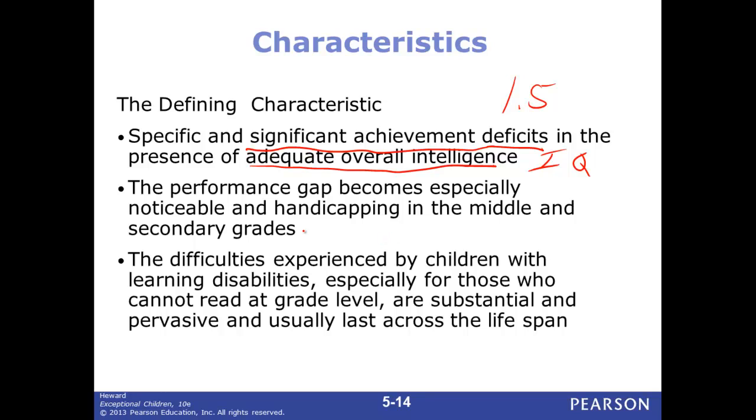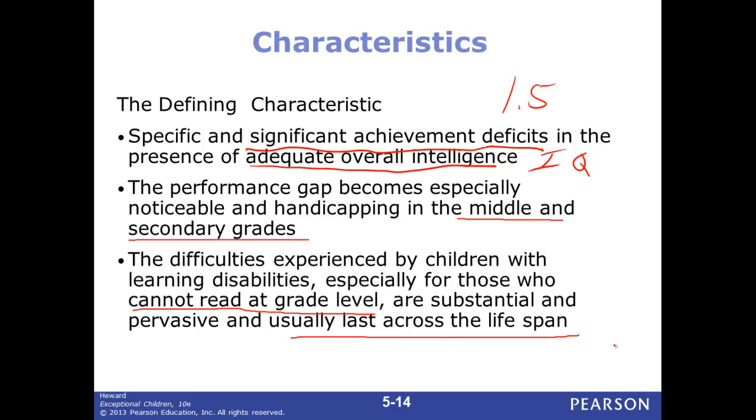And then a performance gap becomes especially noticeable and handicapping in the middle and secondary grades. And my term is this: sometimes they can fake it until then. And then the last thing, the difficulties experienced by children with learning disabilities, especially those who cannot read at grade level, are substantial and pervasive and usually last across the lifespan.